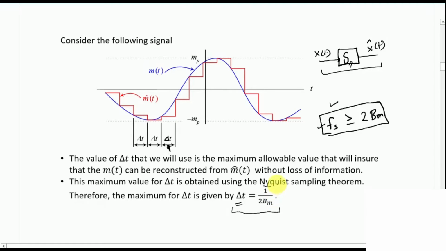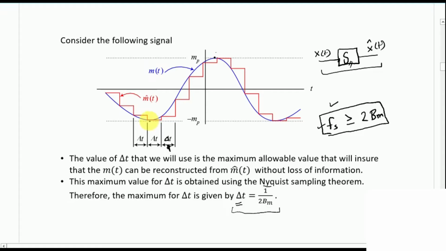Now there are some very fundamental aspects for both the message signal m of t and the approximated m hat of t. First and foremost, this signal has a peak value at this point. Message signal m of t has a peak at this point. Similarly, at approximately the same point, you're picking a sample and holding it. So m hat of t has almost the same maximum peak.